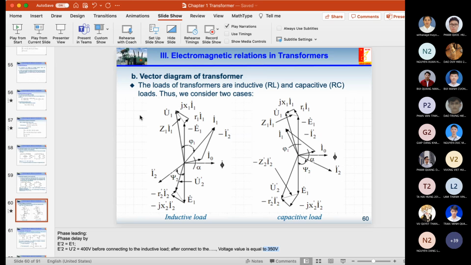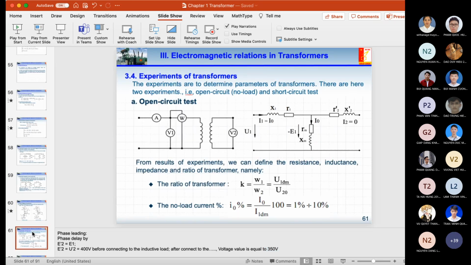Also, the high voltage winding is located outside of the low voltage winding, so it is also very easy for the engineer or operator to change the voltage level each time.